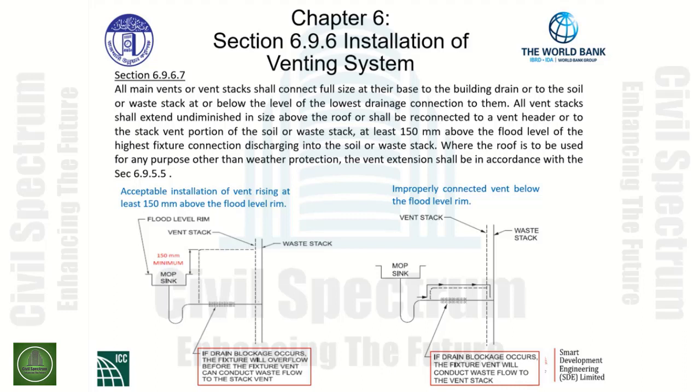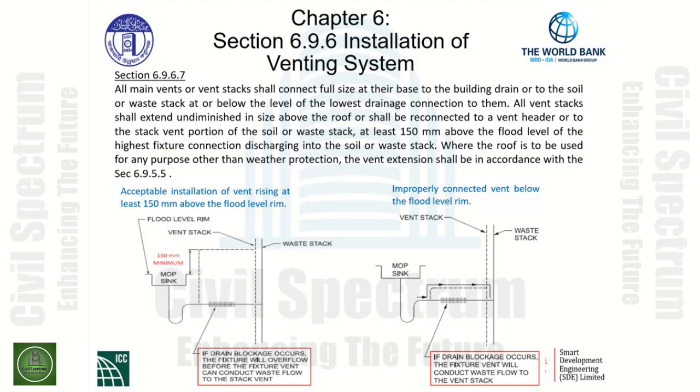As indicated on the right-hand graphic, this is an improperly connected vent below the flood level rim. Now what happens here, as can be seen, the fixture vent does not rise 150 millimeters above the mop sink. It rises below and then ties in or connects to the vent stack. If there is a blockage that would occur in the fixture drain, as indicated in the dark area here, what will happen is it will take an alternate path.